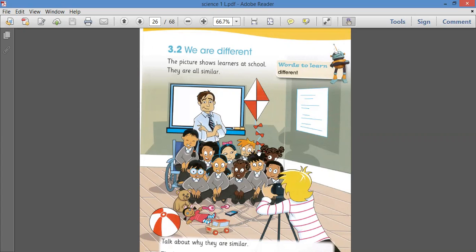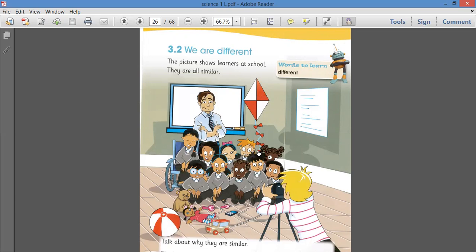Second, they are wearing the school uniform. Number three, they all are happy to take a group photo with their teacher. So these things are similar in them, and they all love to play.